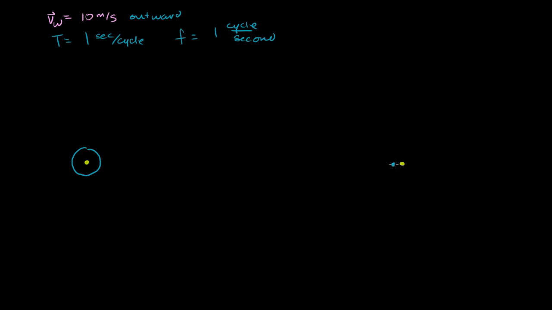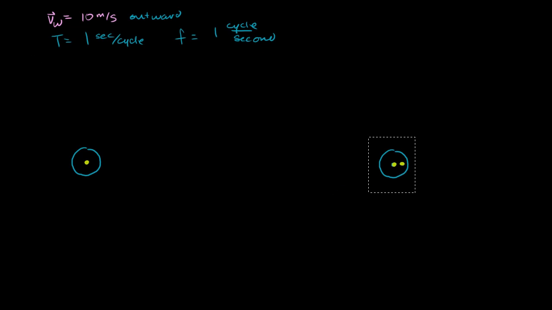It's going to be 10 meters radially outward from that point. So let me just copy and paste this right here, and put it right over there. So this is where he is now. That's where he was 1 second ago, where he emitted this crest that has now traveled 10 meters away. This is a little inexact. This is 5 meters. That's 10 meters away. But you get the general idea.